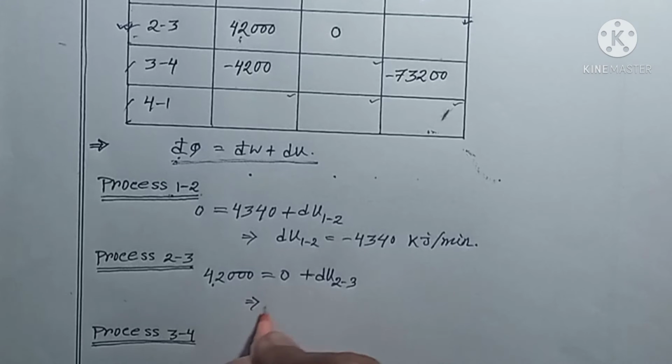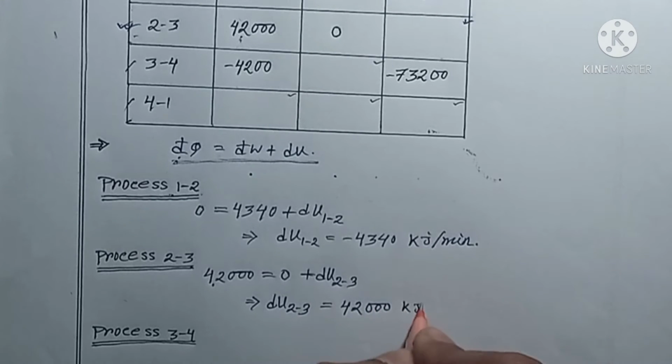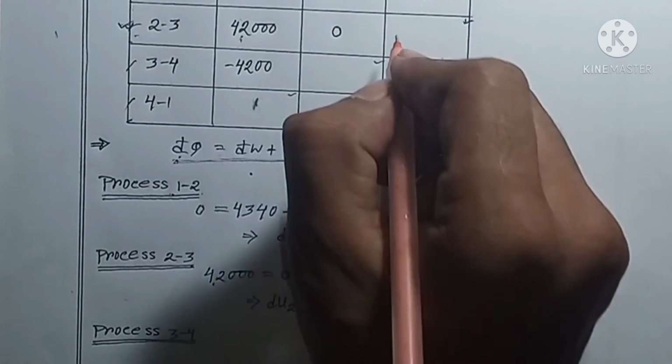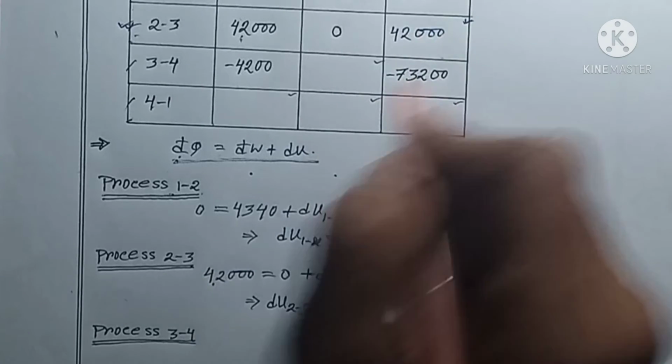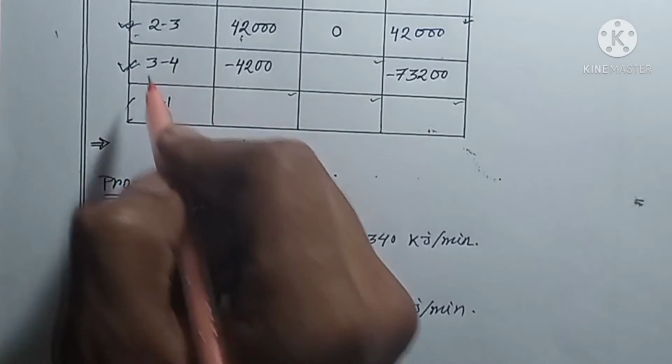So for process 2 to 3, the change in internal energy, du 2 to 3, is equal to 42000 kilojoule per minute. Am I right? So you can fill it here: 42000 kilojoule per minute.